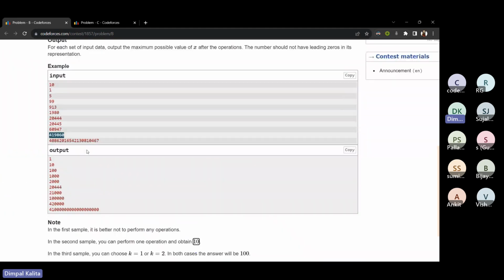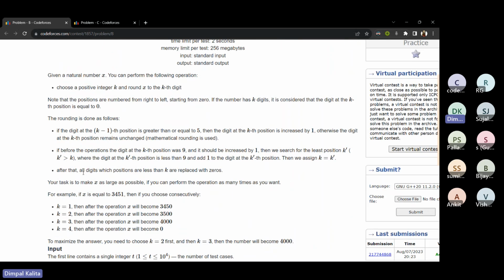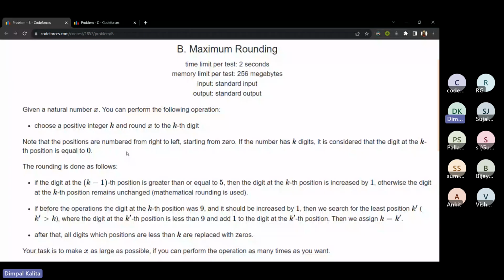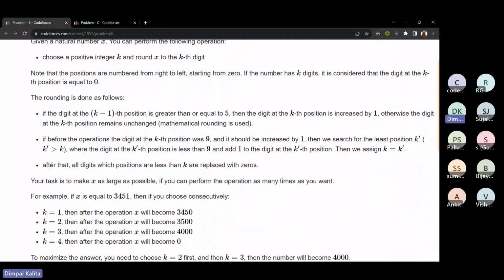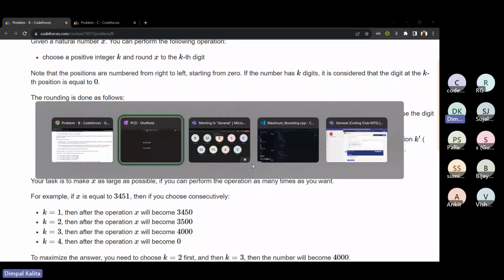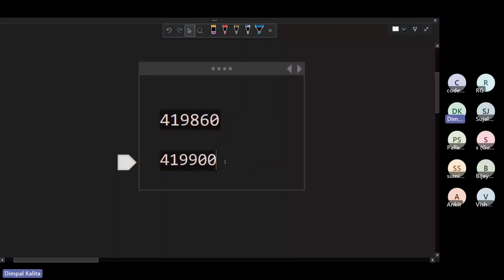And also what it mentions is that after rounding up, all the digits whose positions are less than k will be replaced with zeros. Let's see this example only.